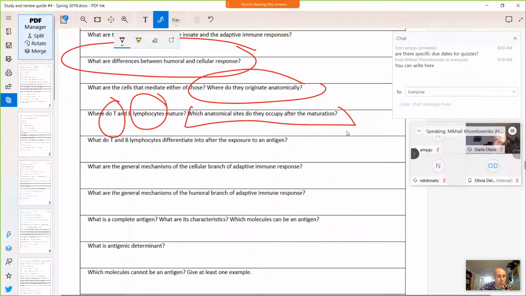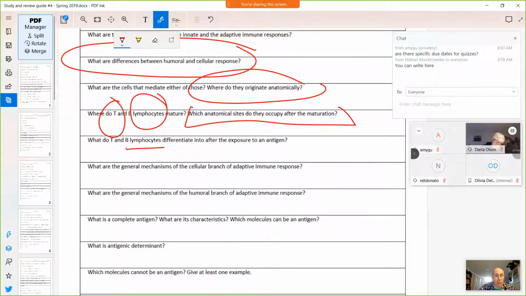When they are exposed to the antigen in the lymphoid tissue, they differentiate into effector cells. Those effector cells are, for B lymphocytes, plasma cells; for T lymphocytes, helper cells, cytotoxic lymphocytes, or regulatory cells. And the effector cells actually elicit the response.